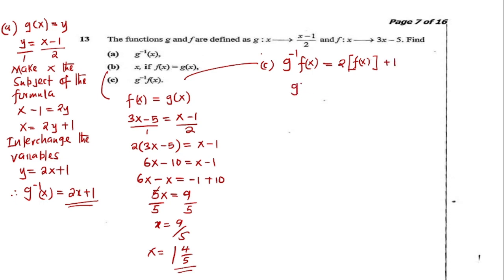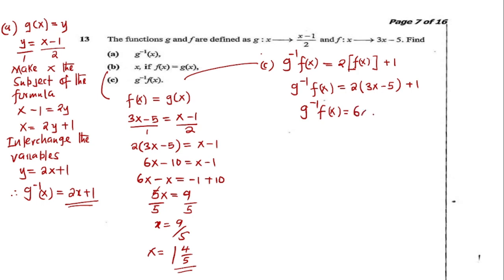So the inverse of g of f of x will be equal to 2 there. What is the function of f of x? That will be 3x minus 5 there, close bracket, then plus 1. This 2 is multiplying everything that is in the brackets.